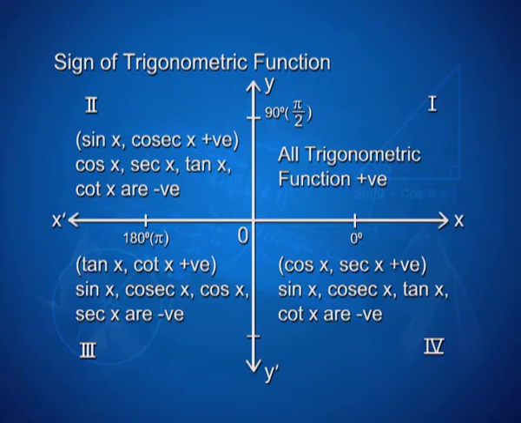In the fourth quadrant, cos x, sec x are positive, whereas sin x, cosec x, tan x and cot x are negative. With the help of this figure, it will be easy to remember the signs of the trigonometric functions, which will help us to solve problems regarding trigonometric functions.